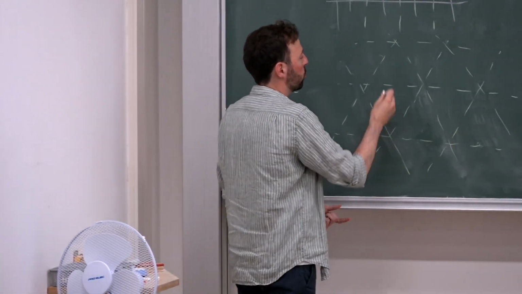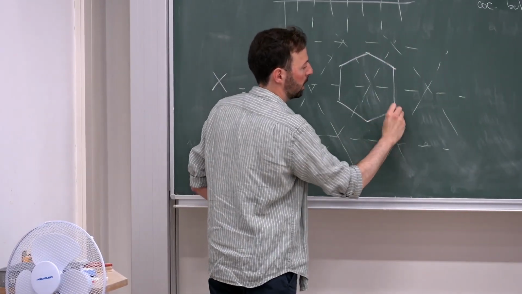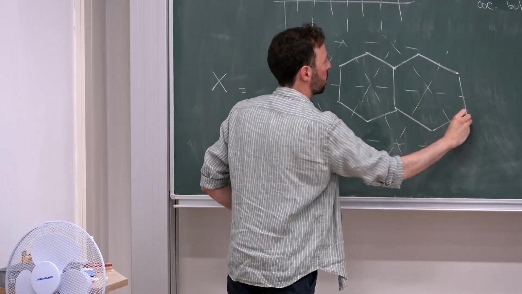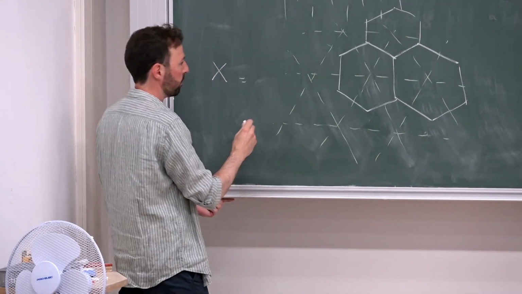The dual graph of this, you can think of it as the Cayley graph of the Coxeter group corresponding to the triangle (3,3,3).